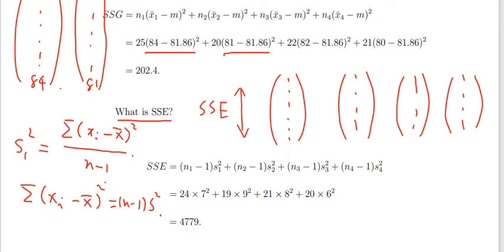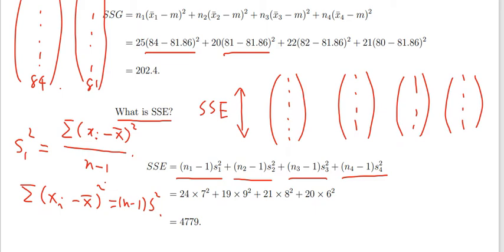So for class 1, the value in this direction is this. This is this. Then class 2 is this. Right? So use the same formula for class 3 and class 4.